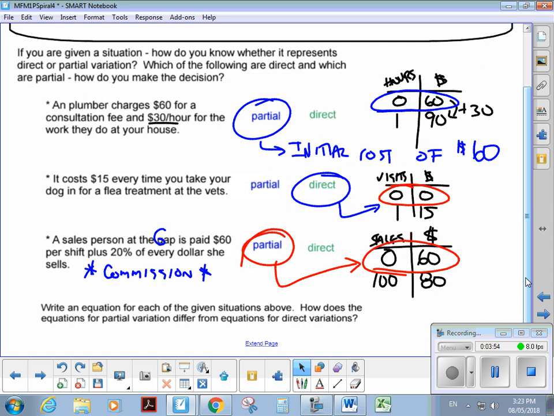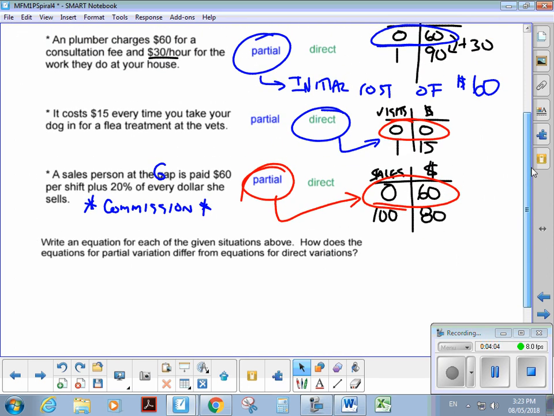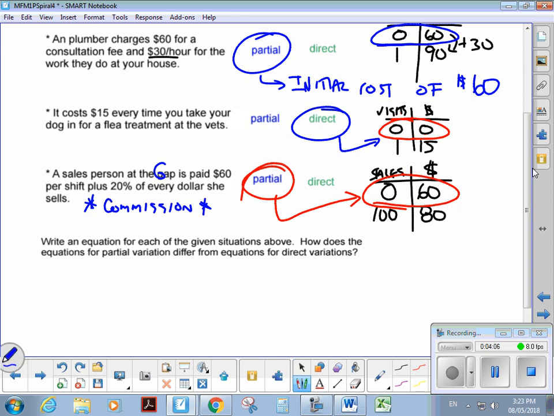Part 2, write an equation for each of the following situations above. How do the equations for partial variation differ from direct? Okay, so we already know this from previous lessons. So down below, for number 1, the plumber, what is the equation?